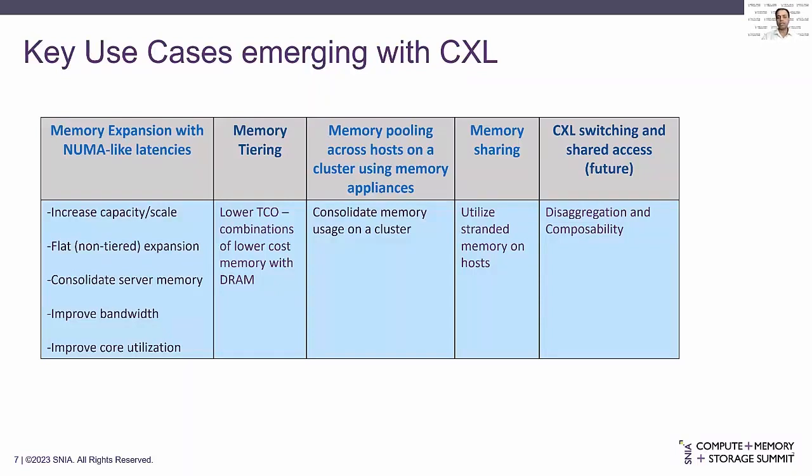There is also CXL switching and shared access, such as a pooled device and rack-based device that can be supported using switches and potentially be shared across multiple hosts. So this actually brings us to the next level of disaggregation and composability.